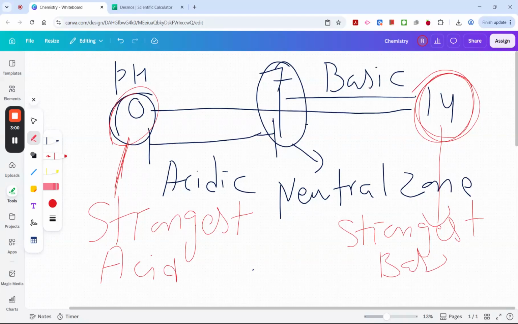If you have to find whether a solution is acidic or basic, that's quantitative analysis. I use the word quantity, meaning value. I'm not saying qualitative, which means observation without calculation.